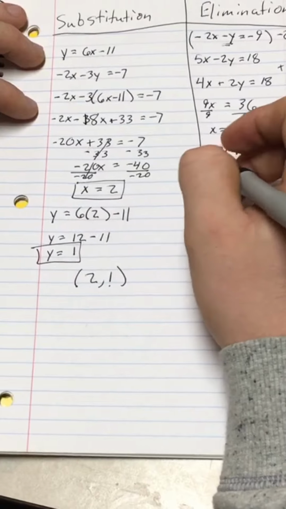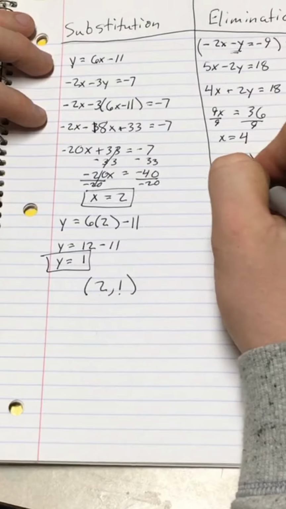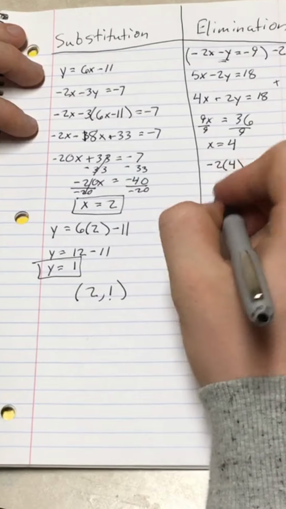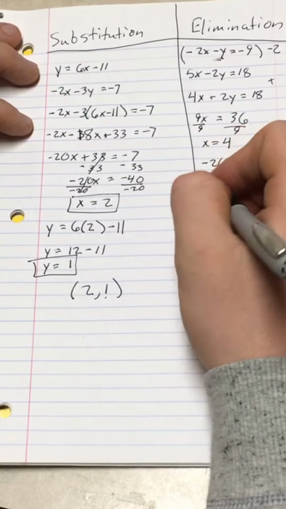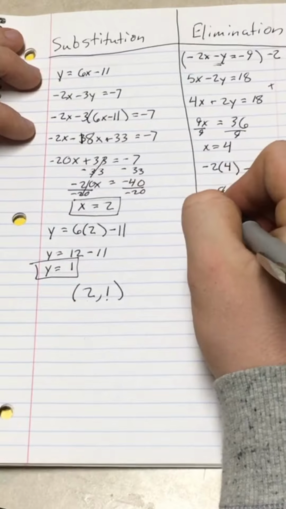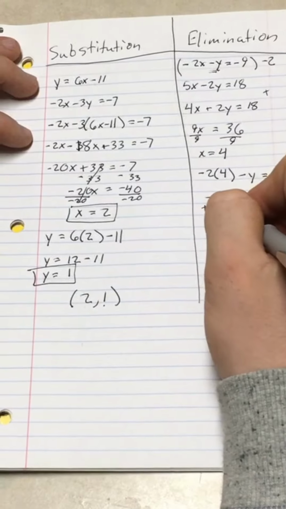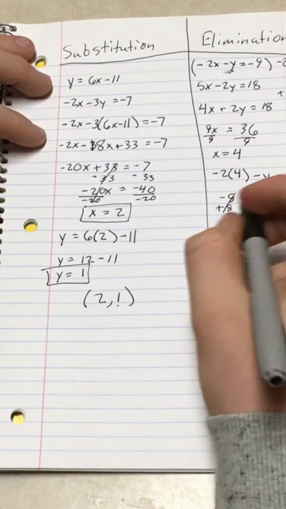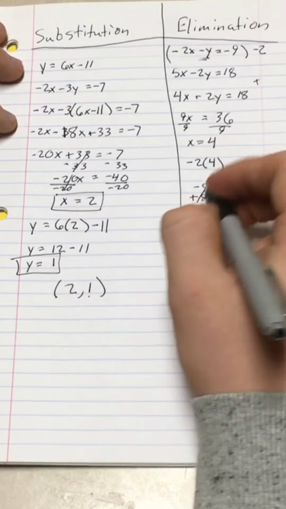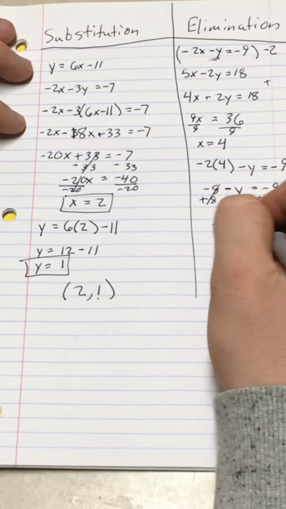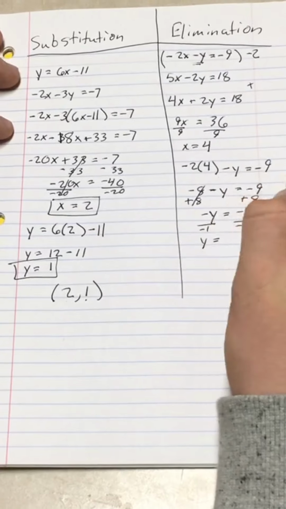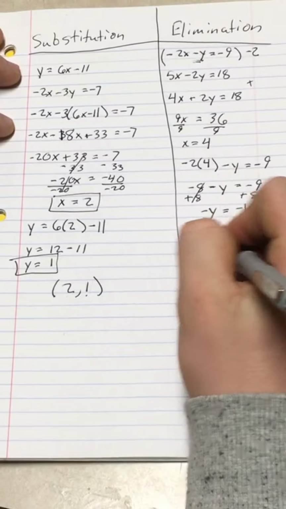So simplifying this a little more, we get 8 minus y is equal to -9. We're going to subtract 8 from both sides to leave us with -y is equal to -17, and then we want to make sure it's positive y, so we need to divide by -1, divide by -1, and we're left with y equaling 1.